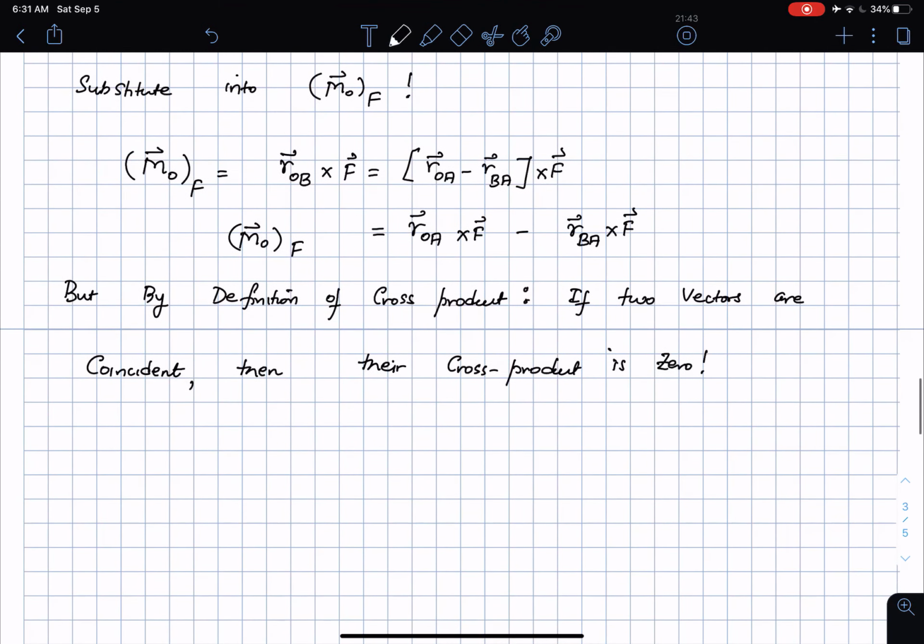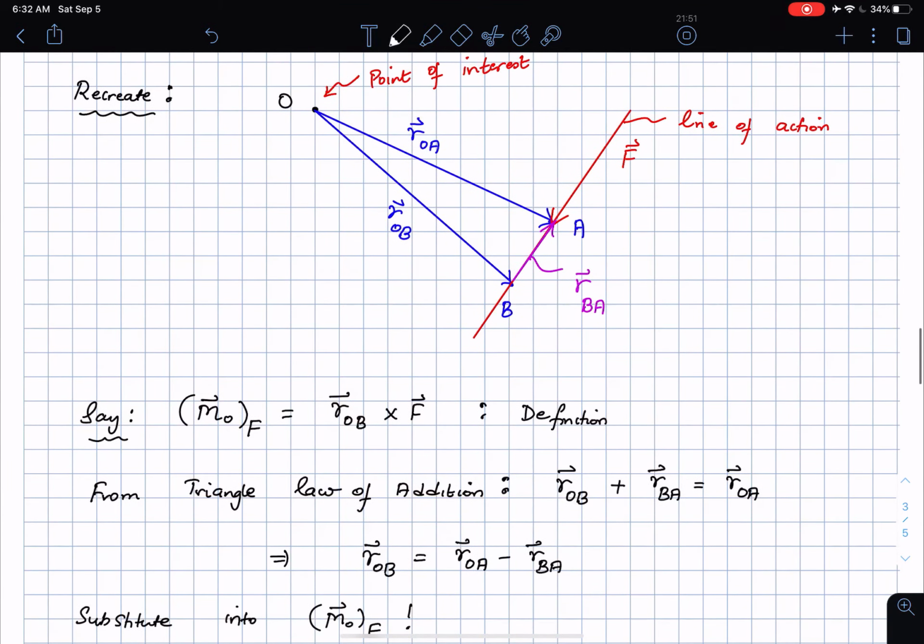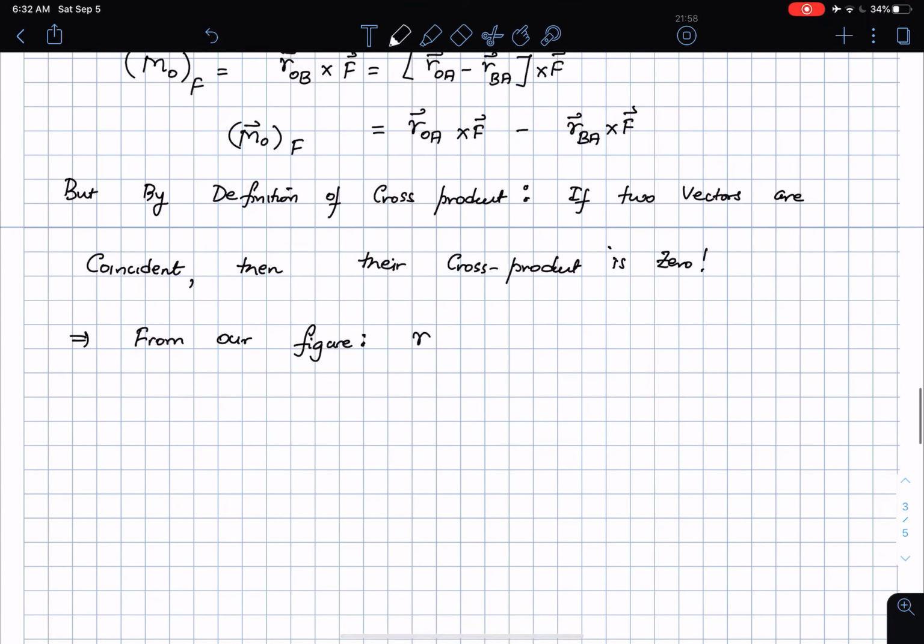So from our figure, which is this particular figure that I just showed you, RBA and F are coincident, which tells me that RBA cross F is equal to the 0 vector.